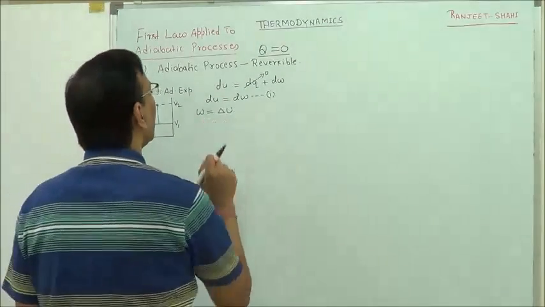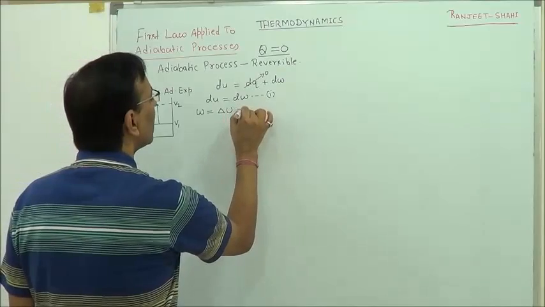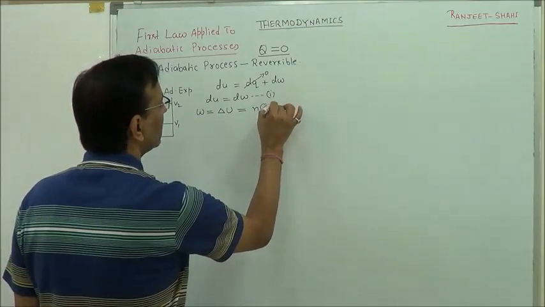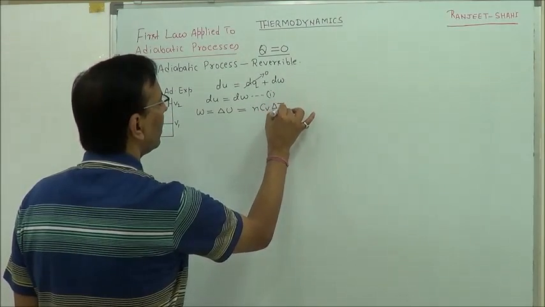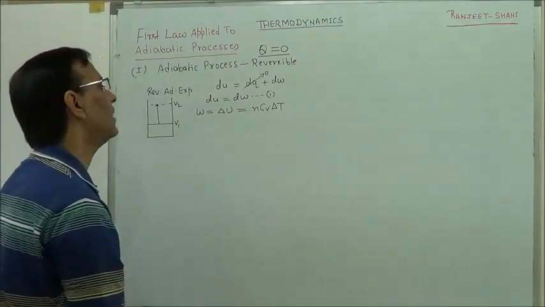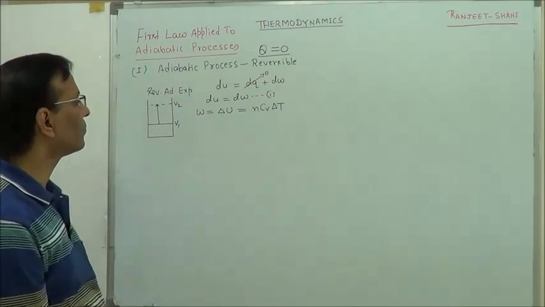And if we elaborate it further, it is nCv delta T. So work done is change in internal energy, which is nCv delta T.